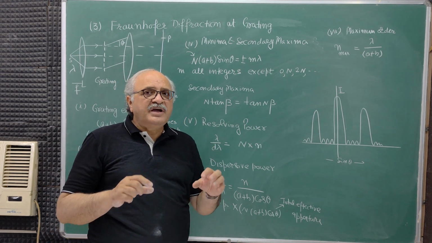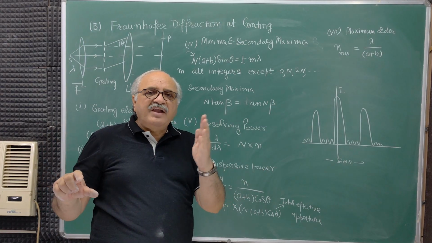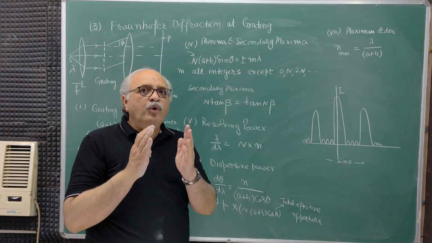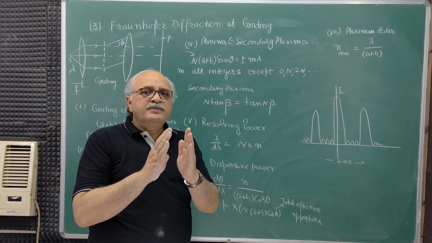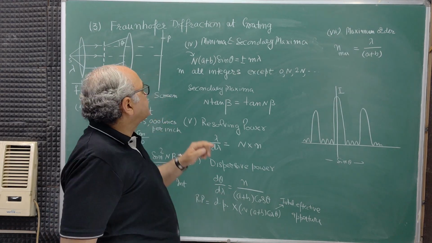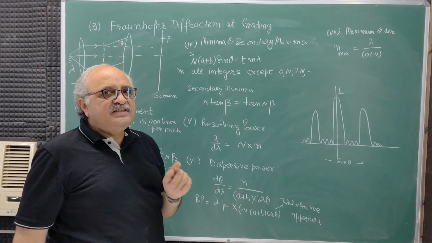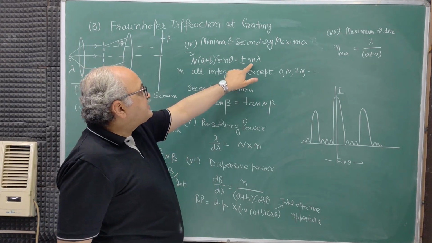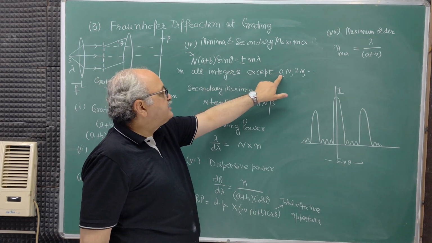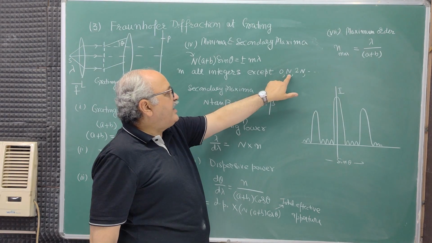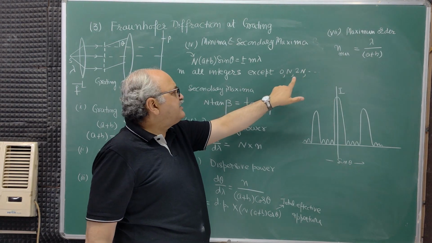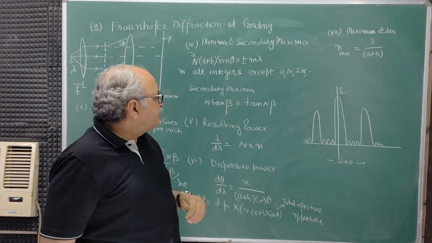It may not be the entire number of lines on the grating, it will be only that number which is being illuminated by the light. So m also is an integer, but this m does not include the integers 0, N, 2N and so on, because at 0 we have the central maxima.